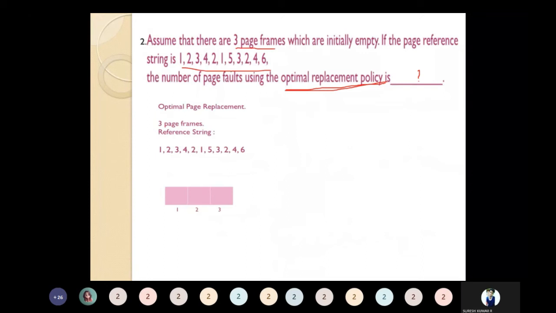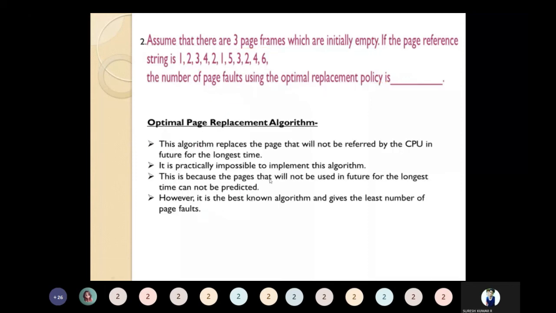Before starting this, we need to understand what the optimal replacement policy is in a page replacement algorithm. From the given data, I'm writing three page frames, the string, and three slots. The optimal page replacement algorithm replaces the page that will not be referred to by the CPU in the future for the longest time.